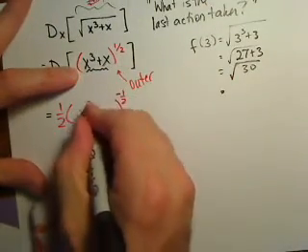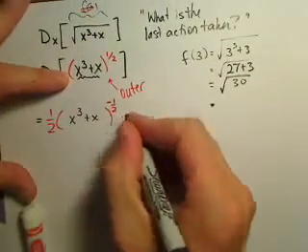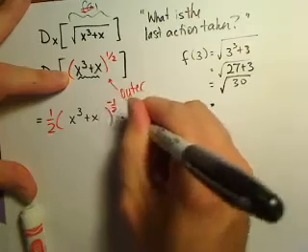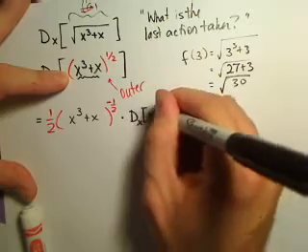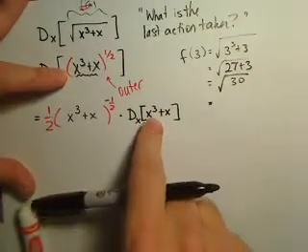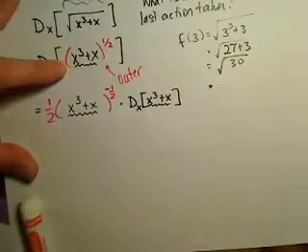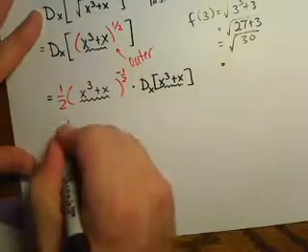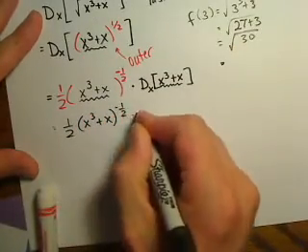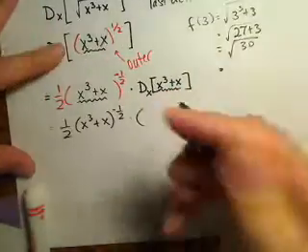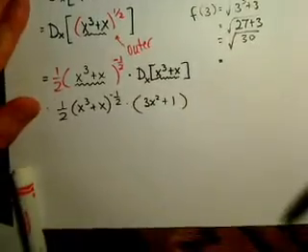X cubed plus x. But then what the chain rule dictates is that you multiply that by the derivative of that inside. That's the g prime of the g of x on the inside. There's the g of x. So this is 1/2 times x cubed plus x to the negative 1/2, times, and right now this is just a matter of doing a power rule and a sum rule there.